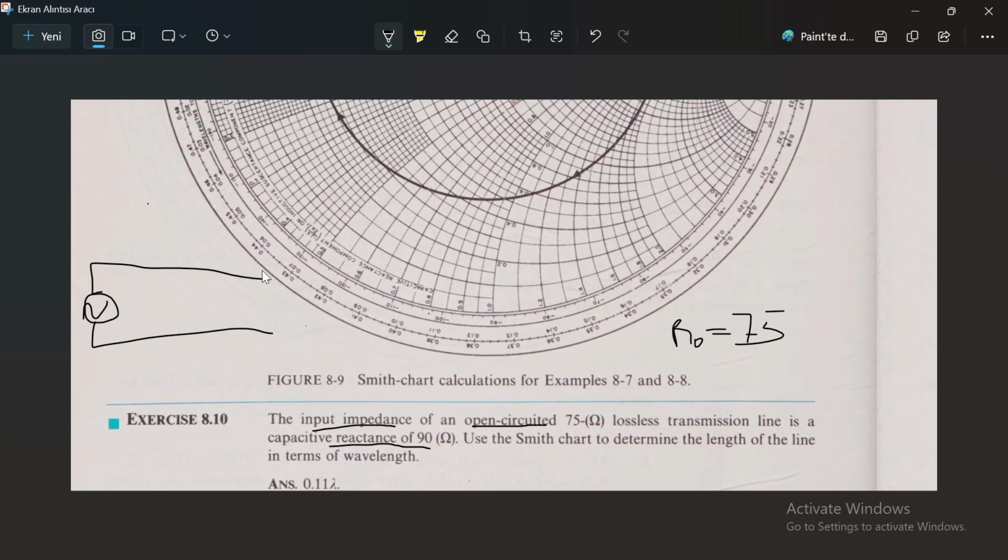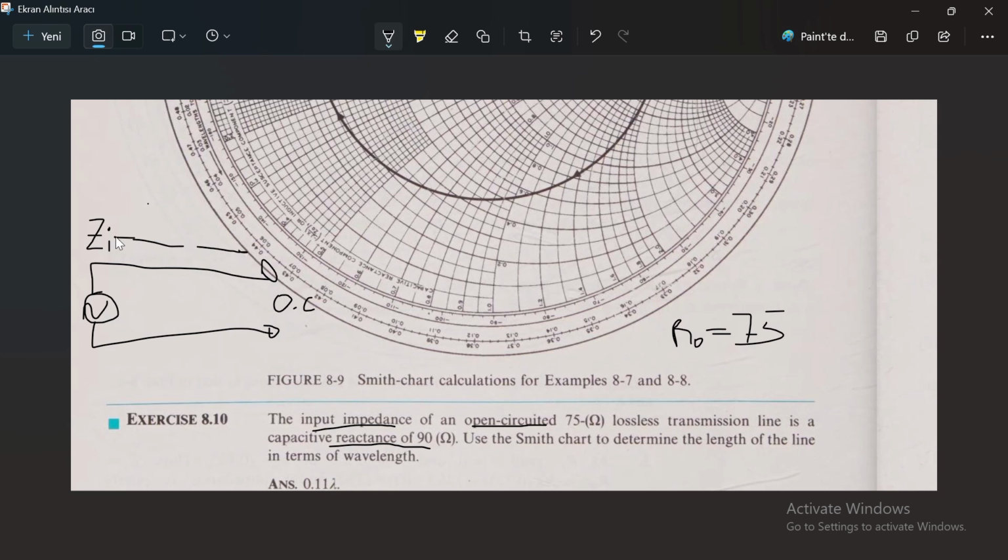So it is open circuit. Now, this Z input is given. Also, with the open circuit, we know the endpoint. What is it asking? It is asking for this length.